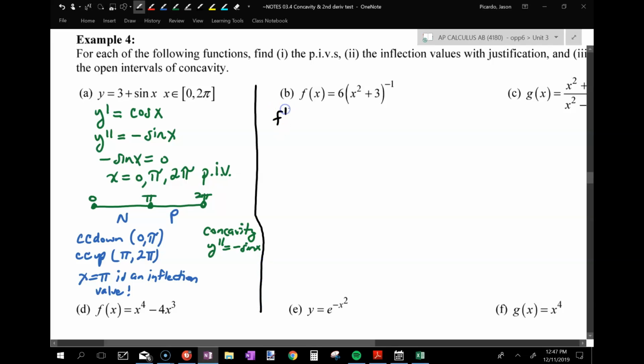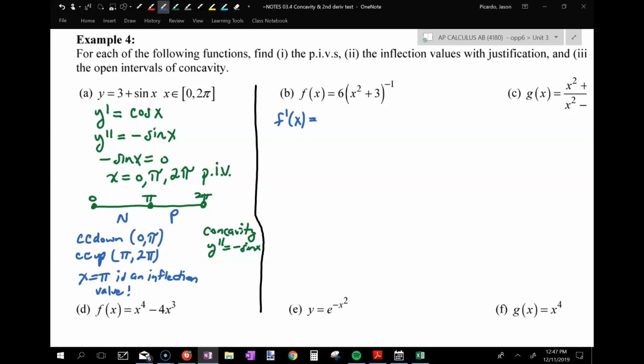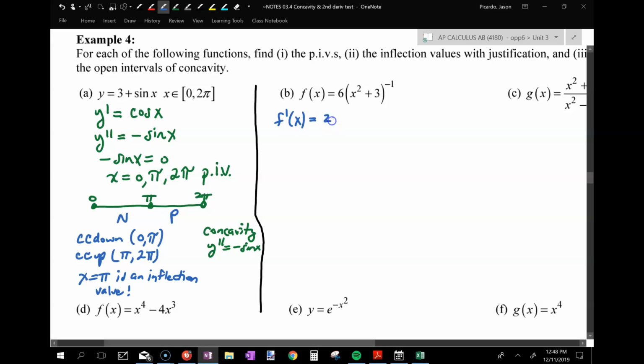All right, so my first derivative is a chain rule. So let's go inside out. Inside, 2x. Outside, -6.